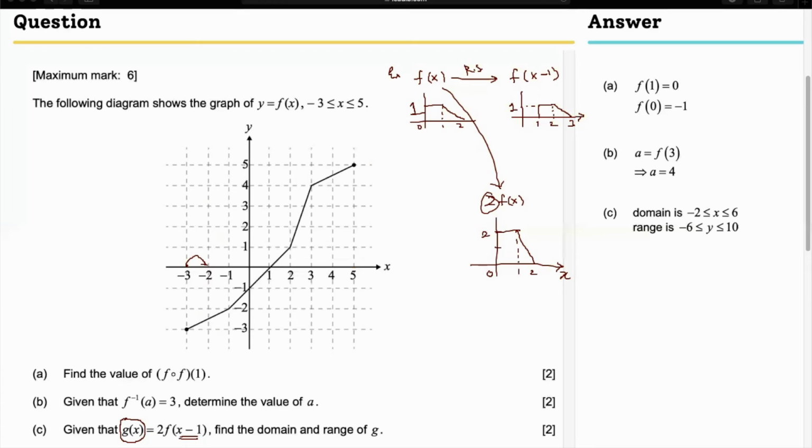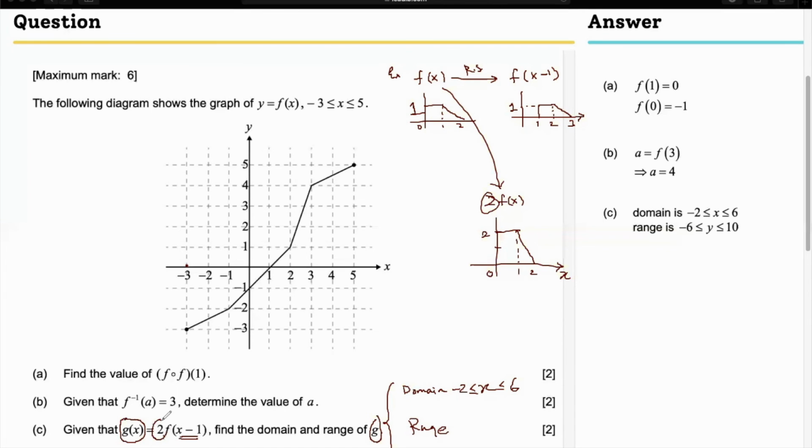Based on that, the domain of g, domain means x values, can be from -2 to 6. You can see that here. It's a right shift operation. And for the range, you're also doing the double over here.